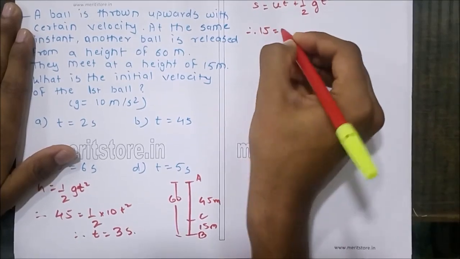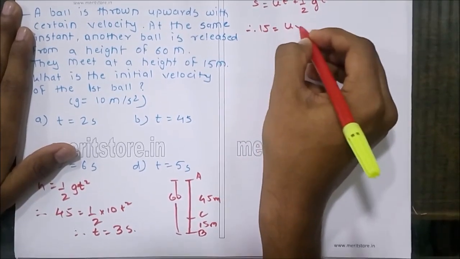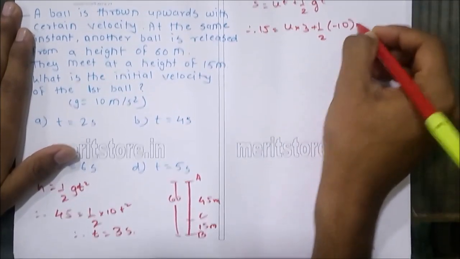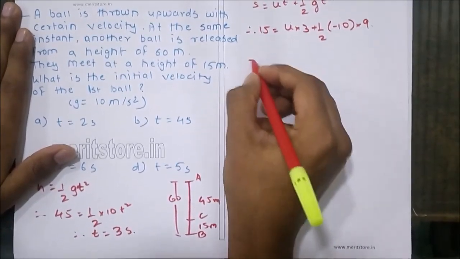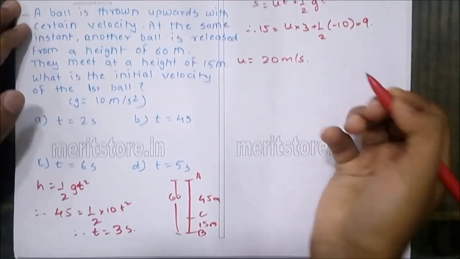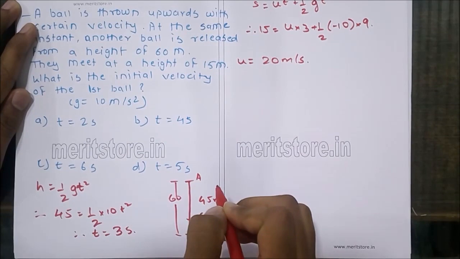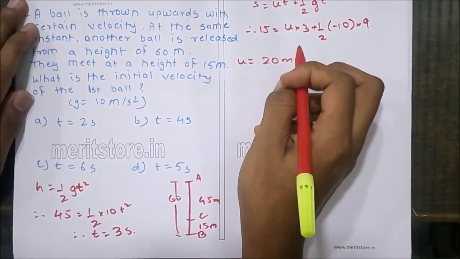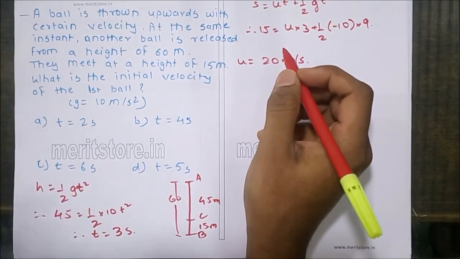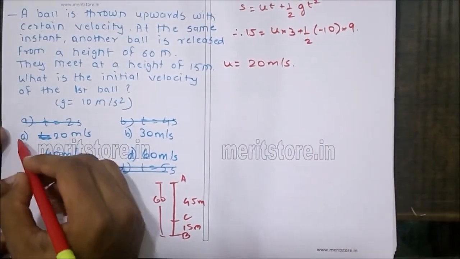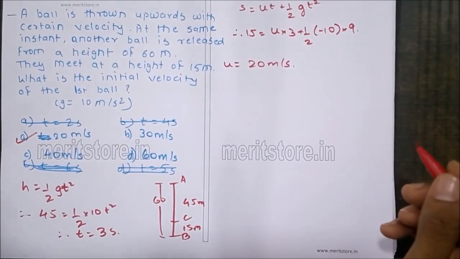Therefore, 15 is equal to u into 3 plus half into minus 10 into 9. Therefore, u comes out to be 20 meters per second. Therefore, option A, 20 meters per second, is the right answer.